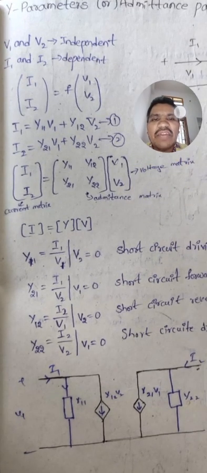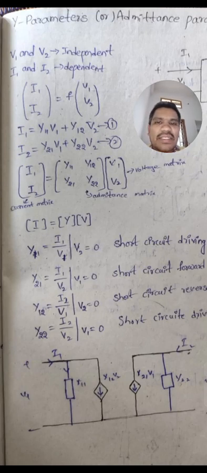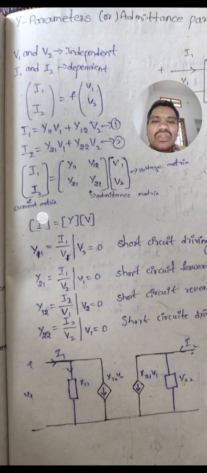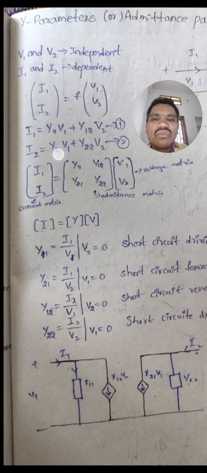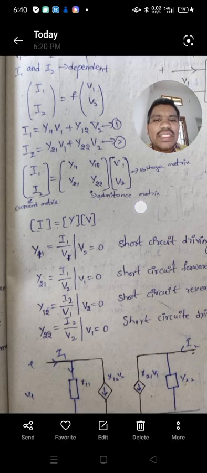From the KVL equations, using matrix methods, we form matrices. From the left side, I1 and I2 form a 2 by 1 matrix, Y11 Y12 Y21 Y22 form a 2 by 2 matrix, and V1 V2 is a 2 by 1 matrix. Now multiplying the 2 by 2 matrix into the 2 by 1 matrix, we get the two KVL equations.